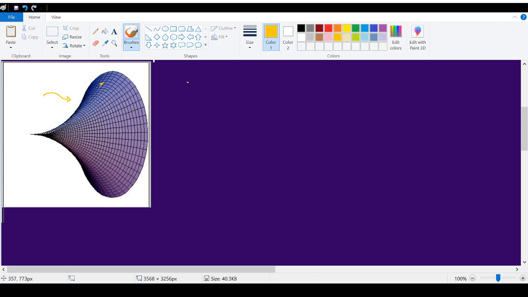See, all this area is in a 3D space, and our goal is to compute that surface area. Now to compute the surface area, we have some equations derived with the help of integration.